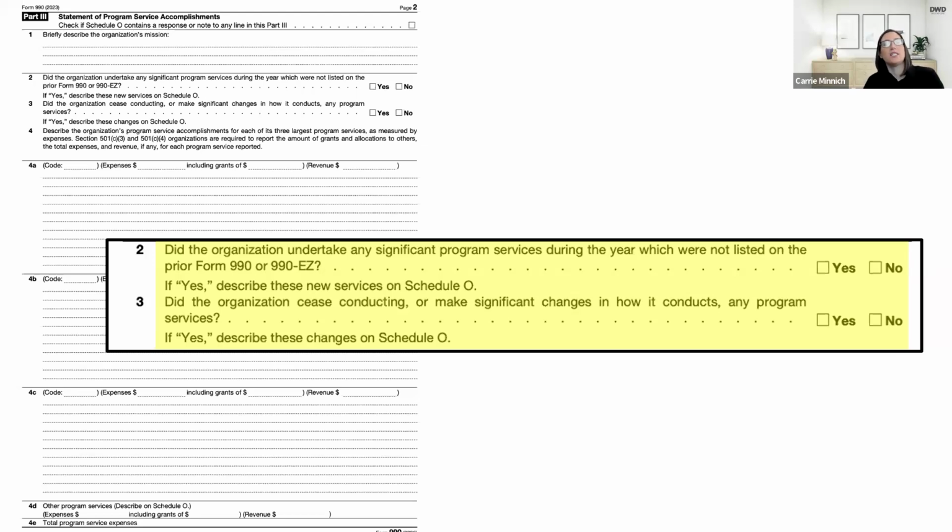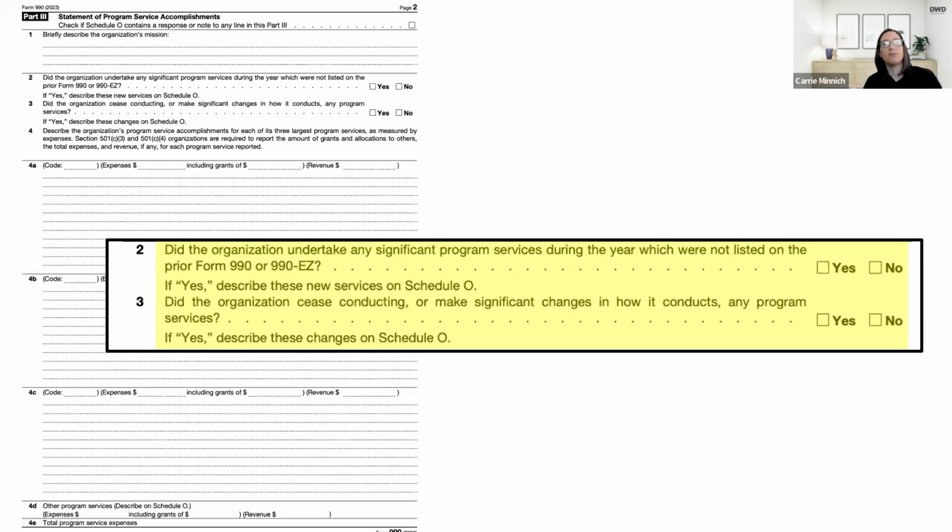The reason is that when you first applied to the IRS to be a nonprofit on your tax-exempt application form, you requested to be exempt for a certain purpose. Sometimes that purpose changes, which is fine, but you have to let the IRS know, because they initially approved you for a certain purpose.